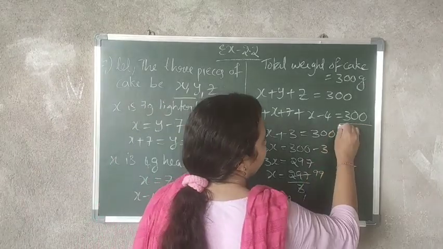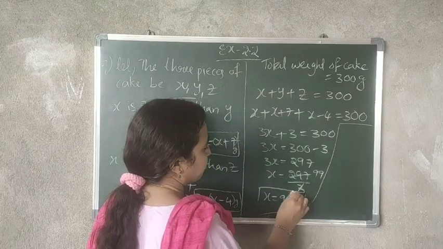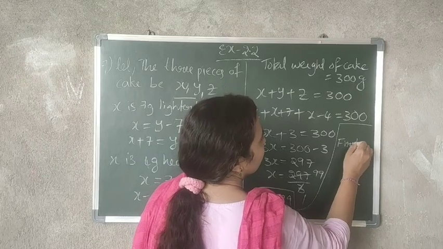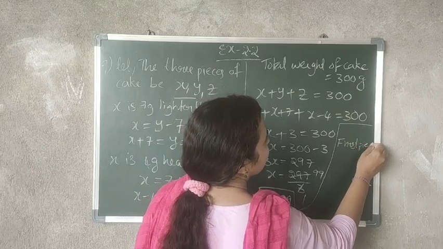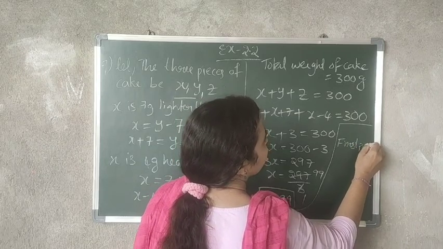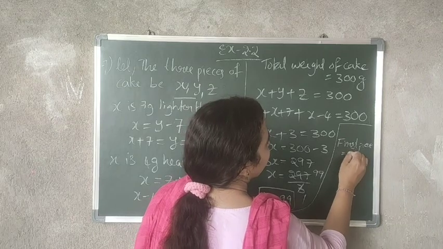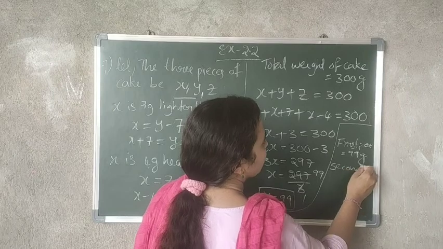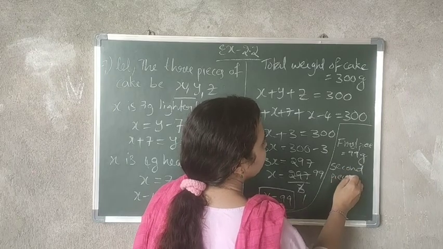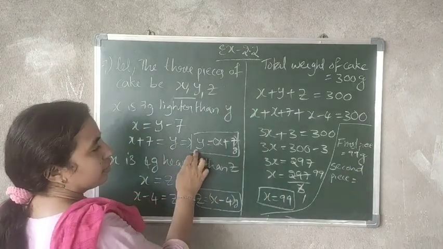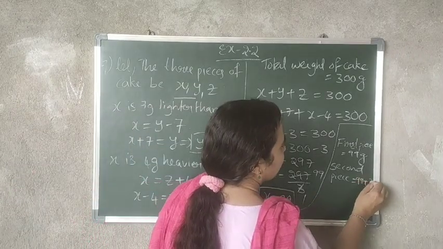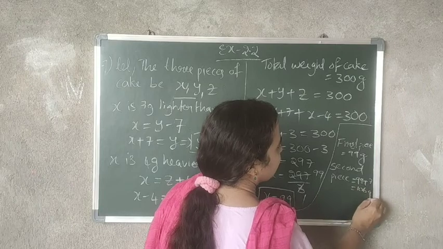So here I'll write simply. First piece is equal to 99 grams. Second piece is nothing but y. How much is it? x plus 7. 99 plus 7, so 106 grams.